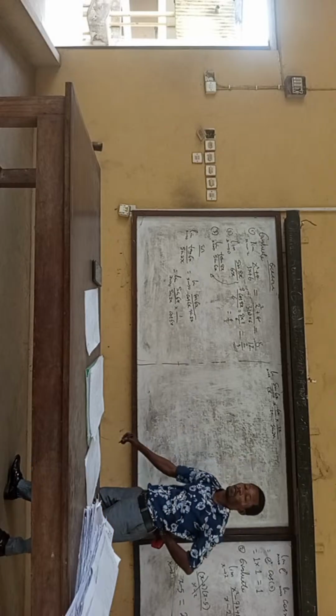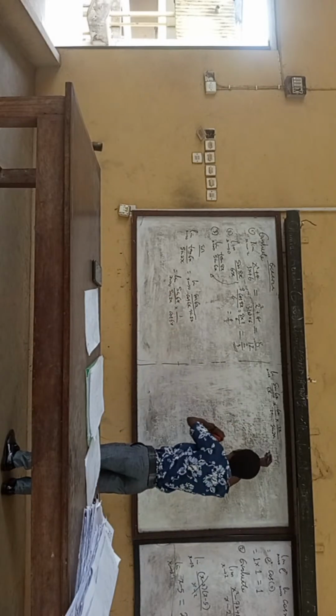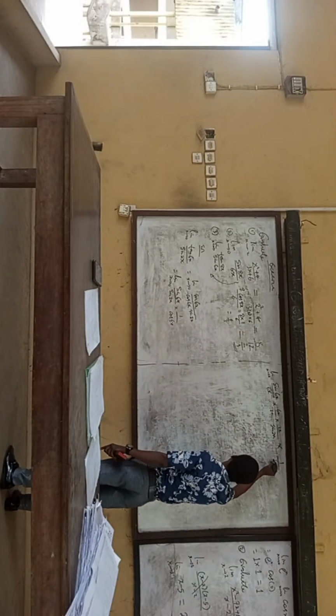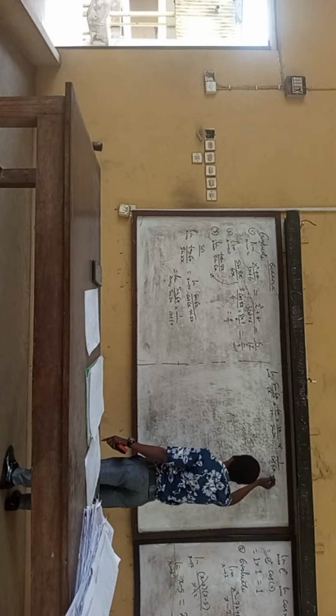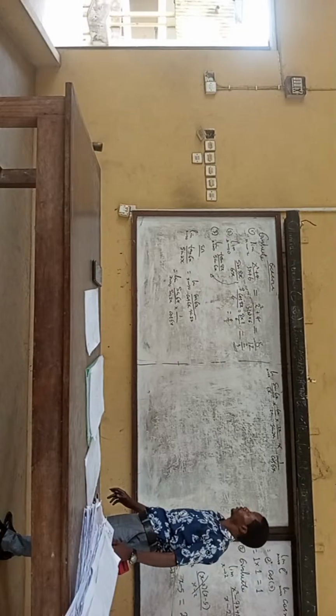Do you see that? This one alone I'm writing like this, then times 1 over cos 6x.